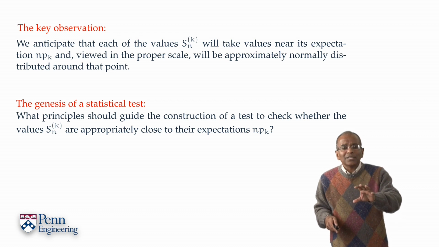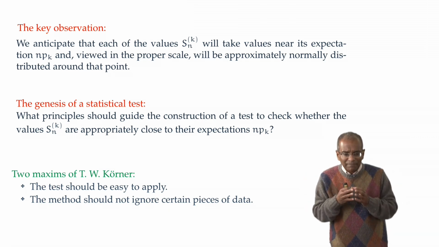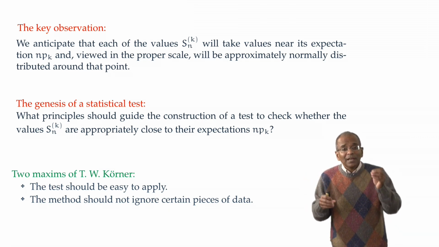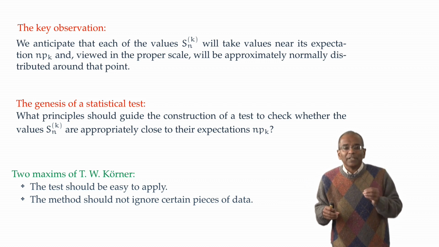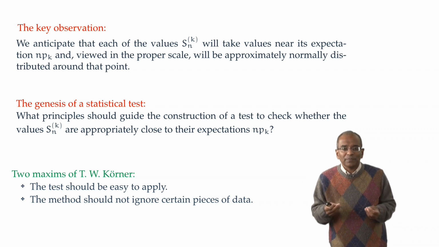I'm going to go back to 2 maxims suggested by T.W. Körner, which seem very appropriate for this setting. First, whatever the test we develop, it should be easy to apply. Computational complexity reduction is a desideratum sorely to be wished.